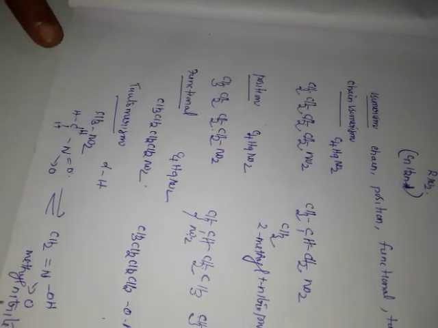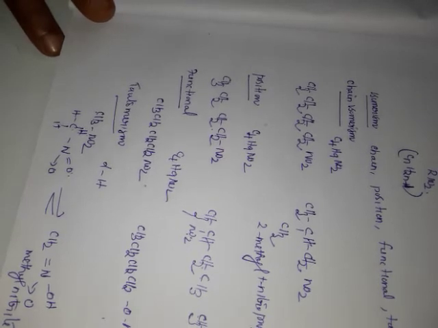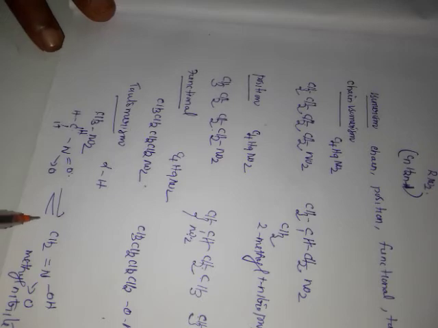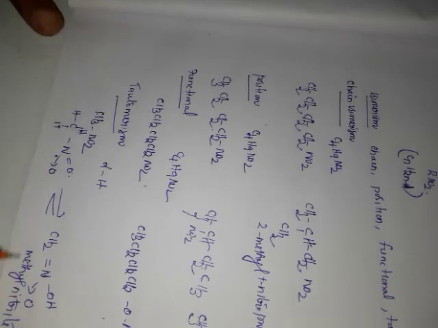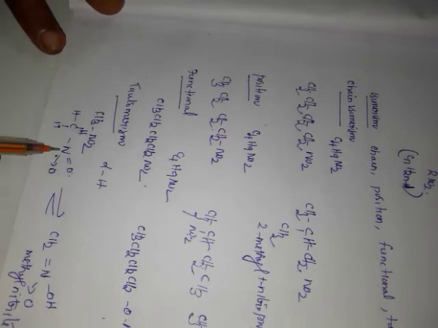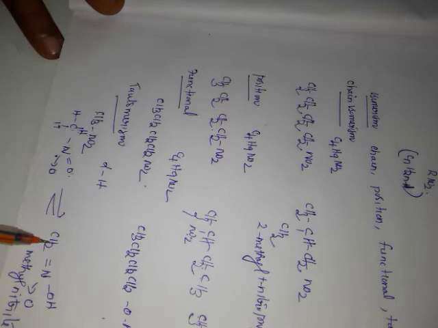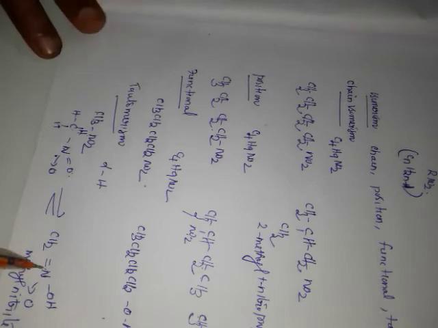This is the aci form, because hydrogen shifts from one position to another. This is called the nitro form and this is called the aci form. There are some differences. The nitro form is less acidic. The aci form is more acidic, and it is also called a pseudoacid or nitronic acid.